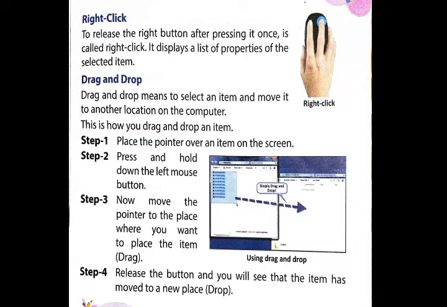To drag the item, you have to press the mouse button and hold it, then move the pointer to the place where you want to move it. Step 4 is release the button and you will see that the item has moved to a new place, which means drop. It's called drop.